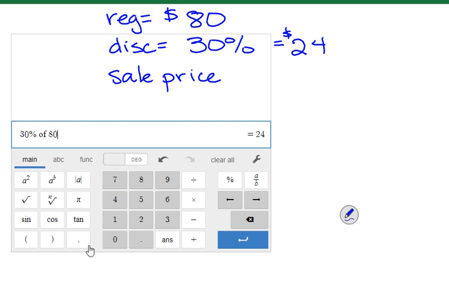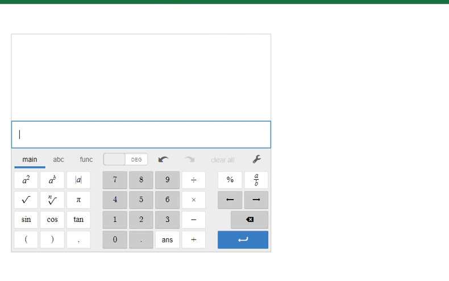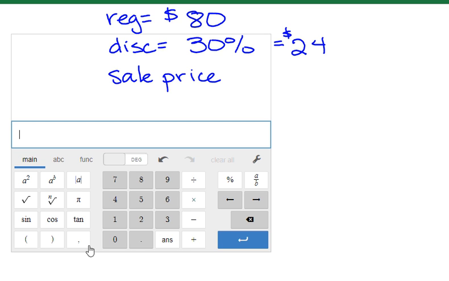So you could find the amount of discount first, 30% of 80, and then you could do 80 minus that answer. But you can actually also put this in your calculator in one step, which is what I really like about it. So I could put in 80, which is the regular price, minus, because we know we're going to subtract the discount. And the way we find the discount is by doing 30% of 80.